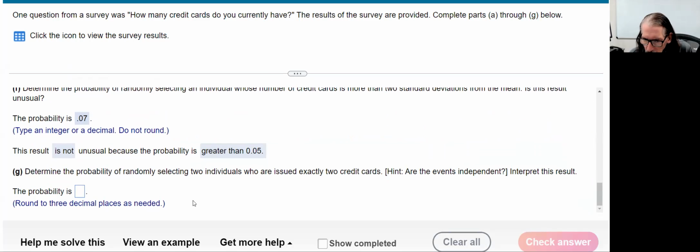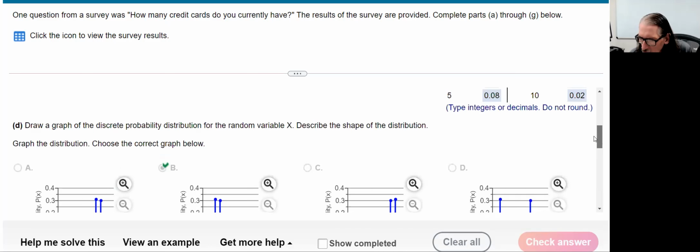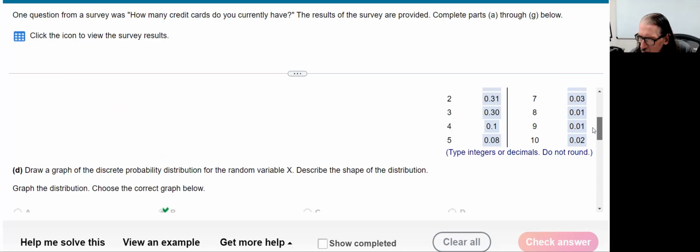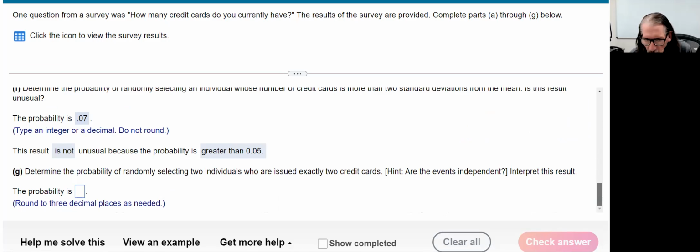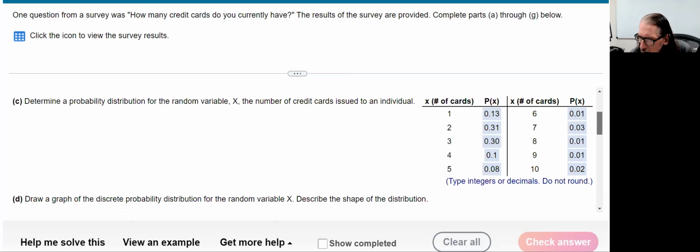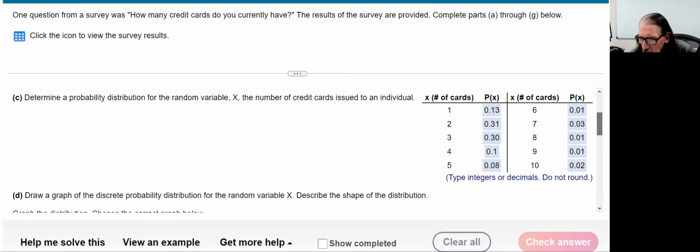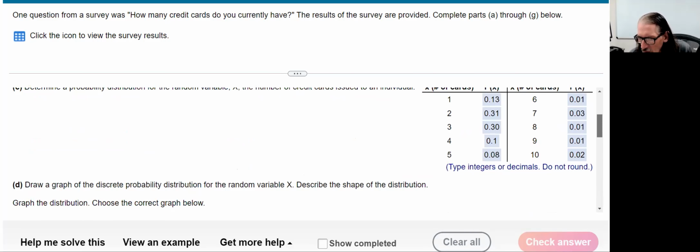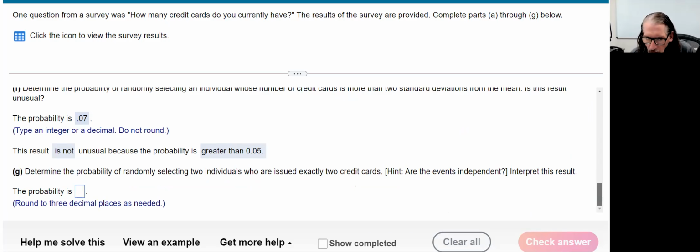And double check that number, 0.031 for exactly two of them. Sorry, not 0.031, 0.31. So we want the probability of A, the first person has exactly two credit cards, and event B, exactly two credit cards.